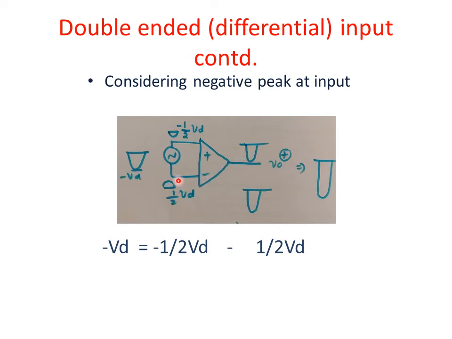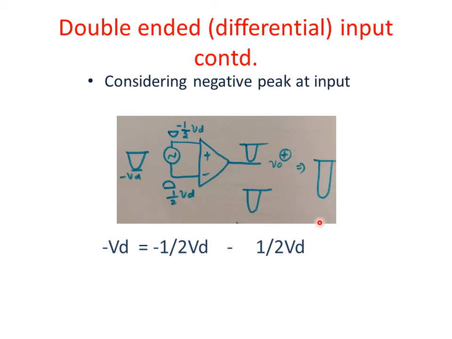At the same time, this part when applied to the negative terminal not only got amplified but it also got inverted. At the output terminal, both of these will be added with each other and it will result in a negative waveform at the output with much higher amplification.